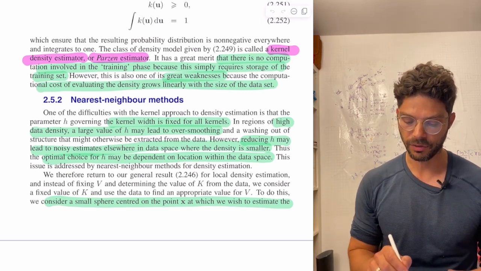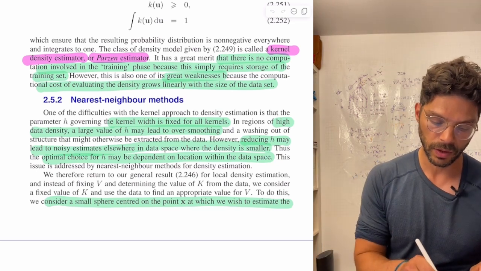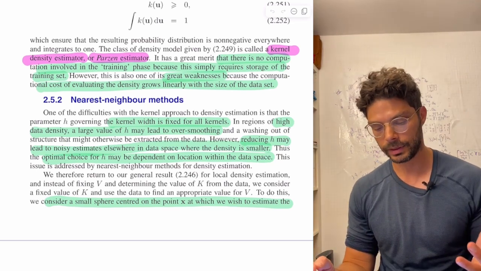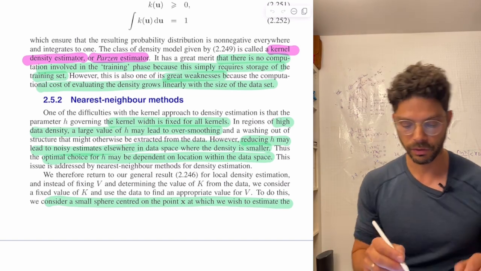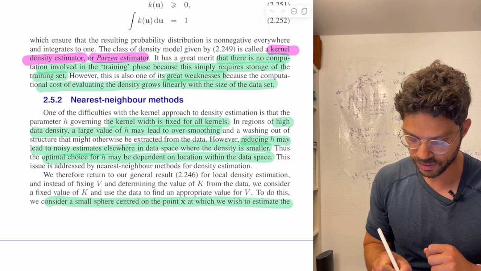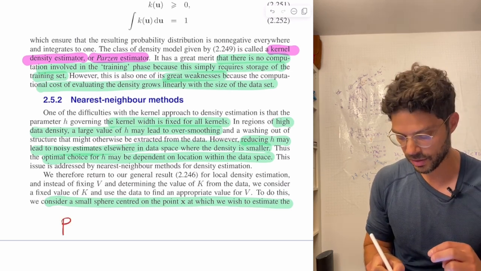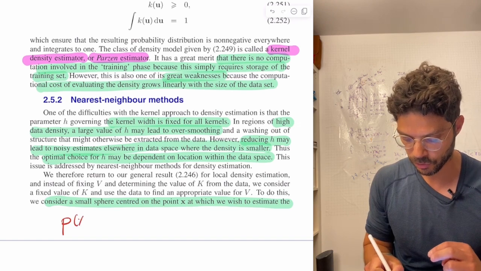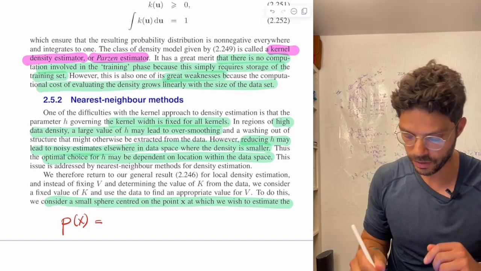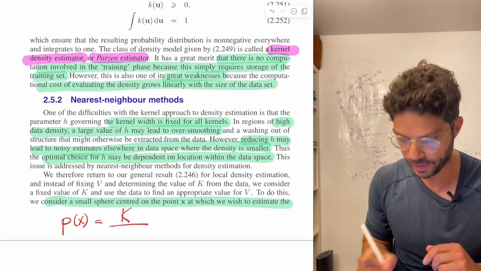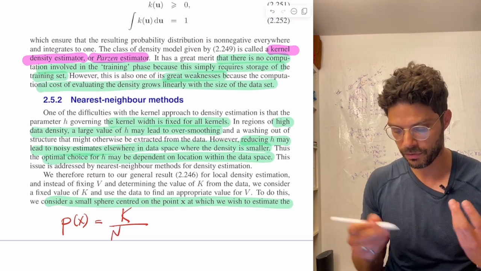Okay, so then he says we return to our general result 2.246. I like the way he split it up, the kernel methods and the nearest neighbor methods. It's a nice way of organizing the two. And remember, the idea there was that the probability, in around some region x, where we put a volume around it, was equal to the number of data points we had in that region divided by our total number of data points, so the fraction of data points.